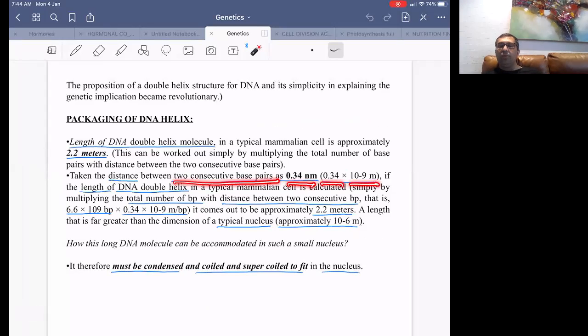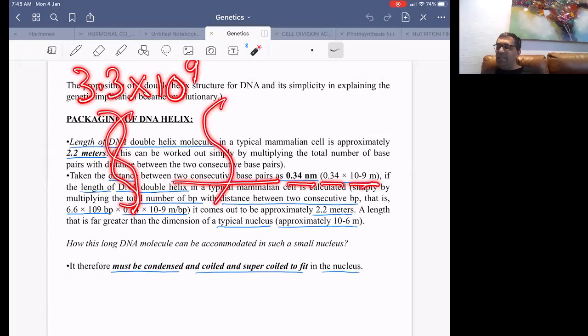minus 9 meters. Now, how many base pairs are present in one haploid DNA? For a haploid DNA, we remember from the last lecture, it is 3.3 into 10 raised to 9 base pairs. So this is haploid. For diploid, it is another 3.3 into 10 raised to 9.